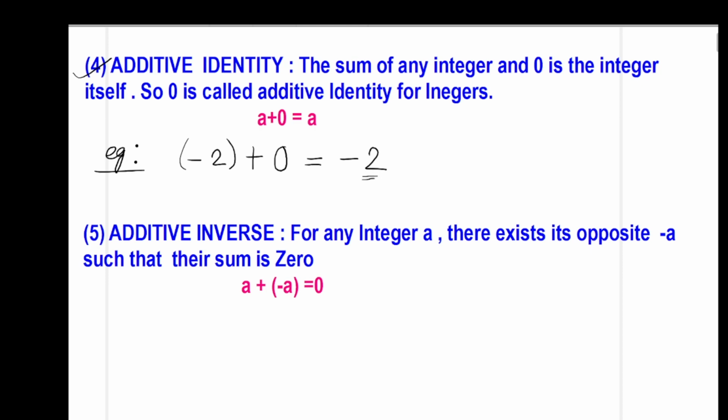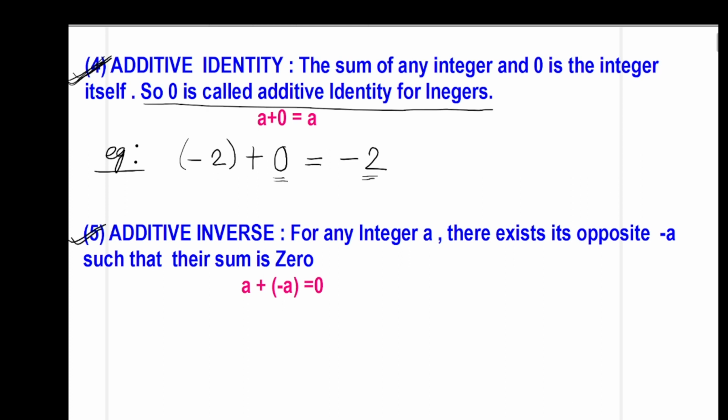That number only we will get. So that is why 0 is called the additive identity for the integers. Okay, it is a very important point. It may come in fill in the blanks also. Okay, it is very important.